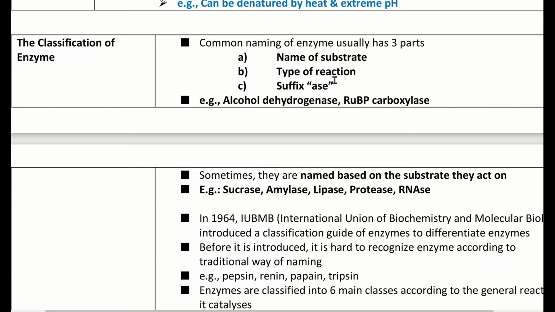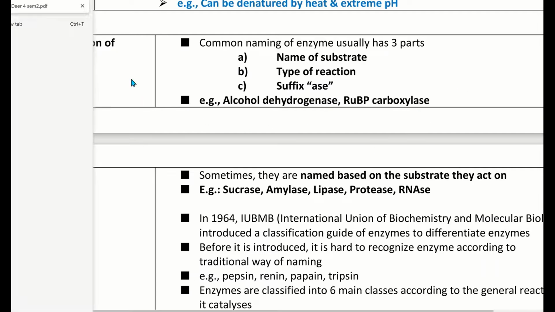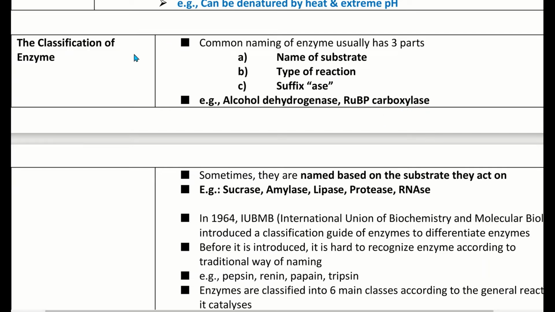Type of reaction, dehydrogenase. Maksudnya D ni nak remove hydrogen. Okay, so type of reaction ni kalau suffix ase, so awak nampak je ase tu semua enzyme. Alcohol dehydrogenase enzyme, RuBP carboxylase enzyme.